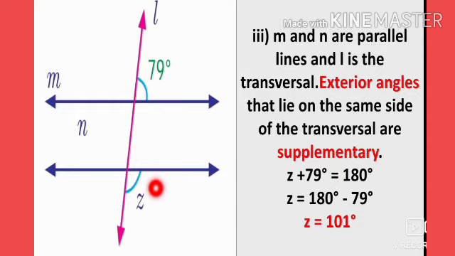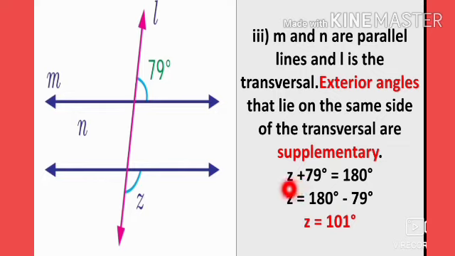So, they are called exterior angles, and also they lie on the same side of the transversal, on the right hand side of the transversal. Since the exterior angles that lie on the same side of the transversal are supplementary, the sum of these two angles is equivalent to 180 degrees.